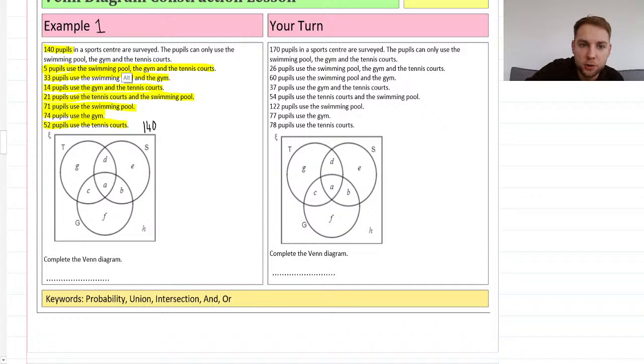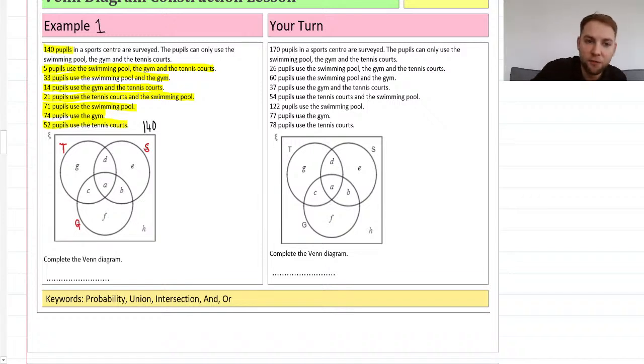So the first thing I'm just going to make a real point of is the fact that this circle on the left here is tennis. This circle on the right here is swimming. And this circle on the bottom is the gym. Okay?